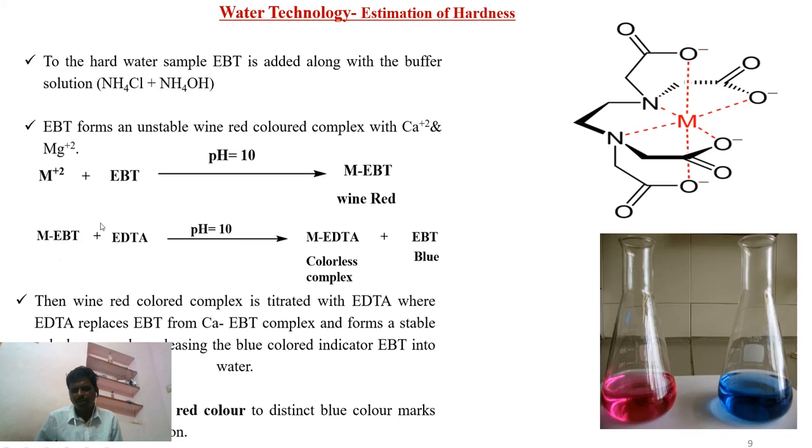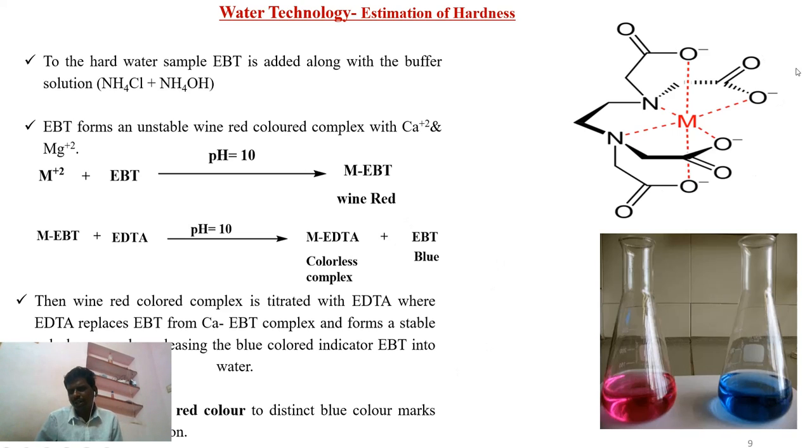The EBT is removed from that complex, and the metal which is released is now reacting with EDTA and will produce a stable metal EDTA complex. That EBT is blue in color. So now the endpoint is the color change from wine red to blue. We have to take a sharp endpoint here. We have to note down the consumption of EDTA in this titration.